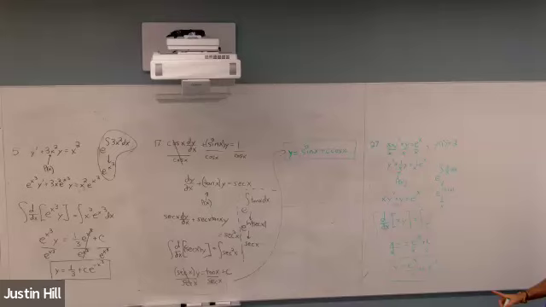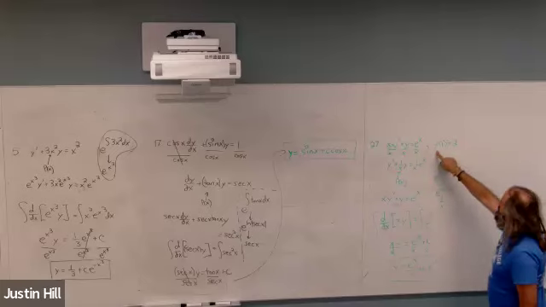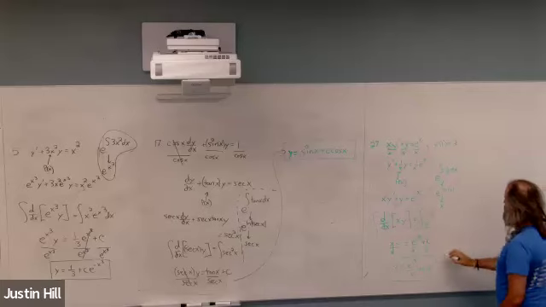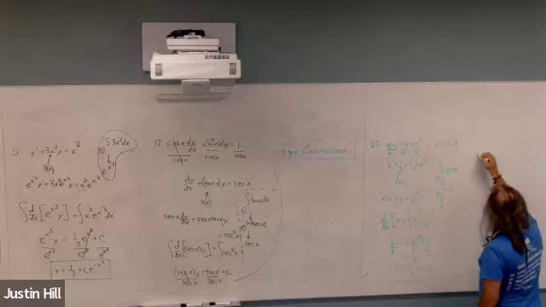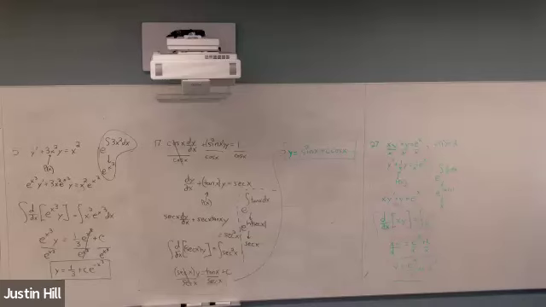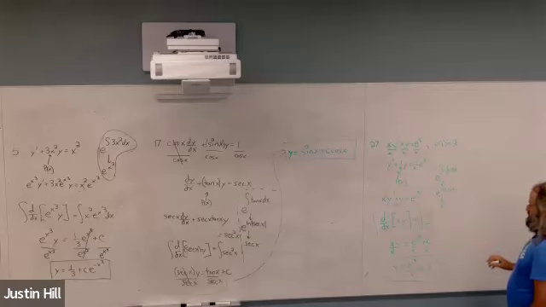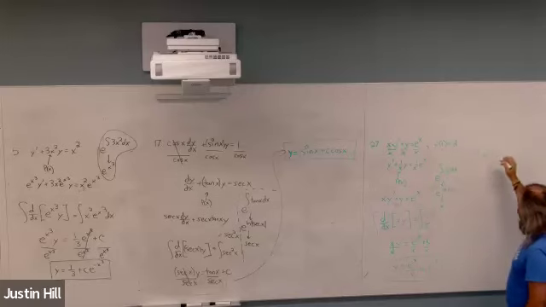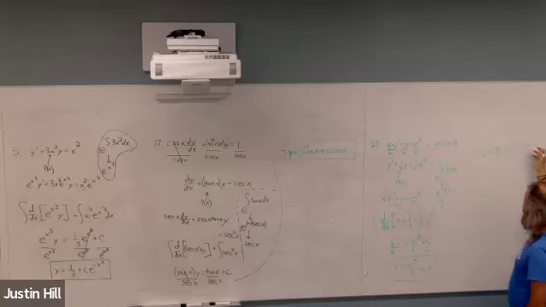That, however, is not the exact solution. So now what I need to do is feed this information, y of 1 equals 2, into this. So I'm going to plug in 1 for x, 2 for y, so 2 equals e to the 1 over 1 plus c times 1 over 1.